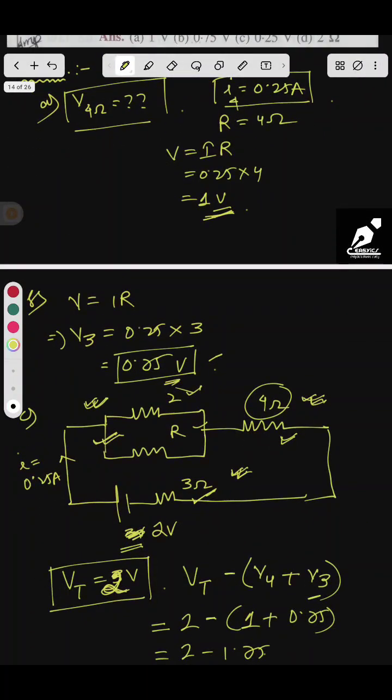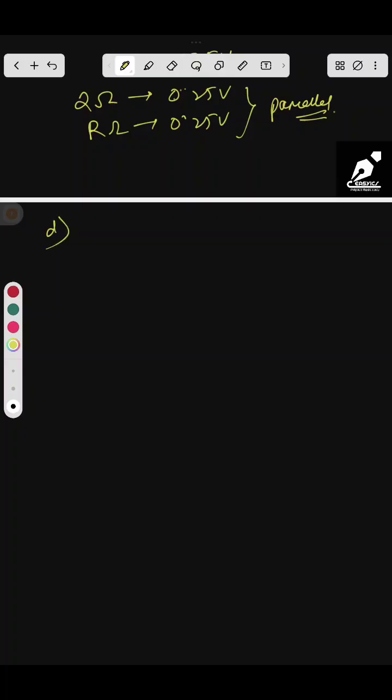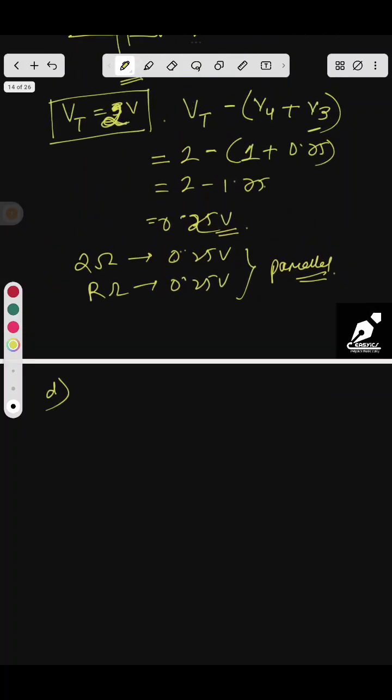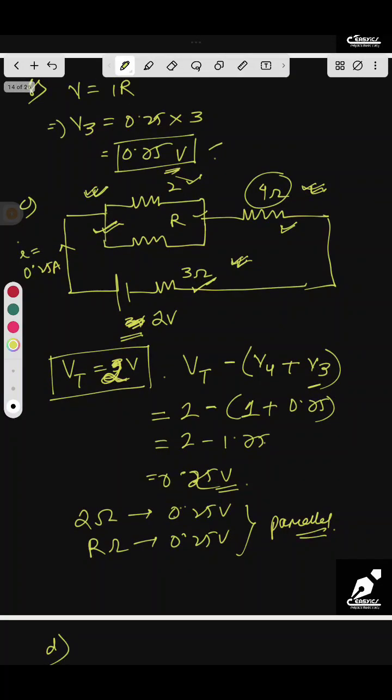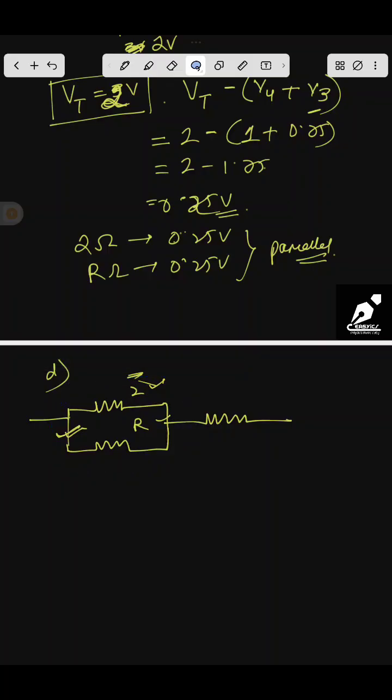The value of R is in the last part of the question we need to solve for. Value of R. Tell me one thing, what will be the equivalent resistance of this part?